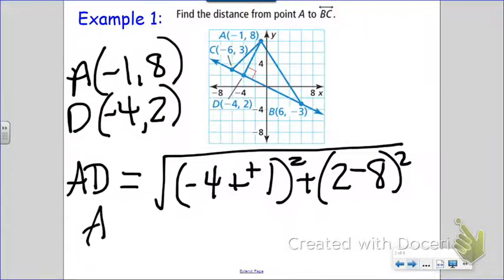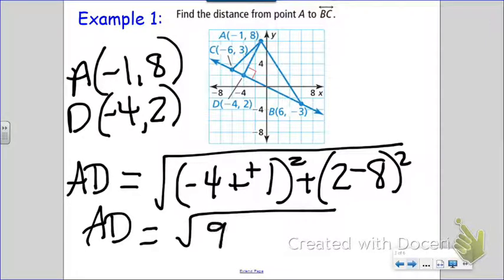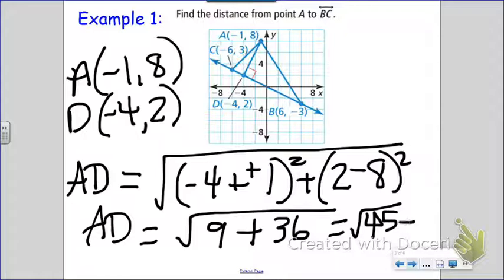Simplify. AD equals the square root of -3 squared is 9, plus -6 squared is 36. 9 plus 36 is the square root of 45, which is approximately 6.7 units.